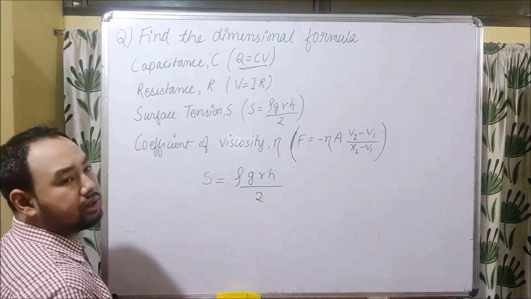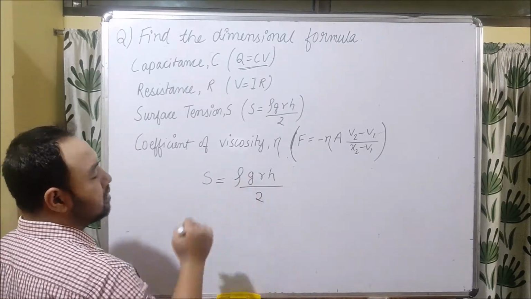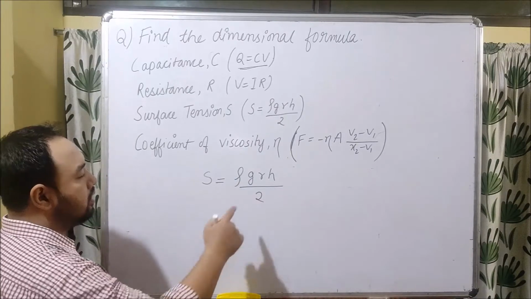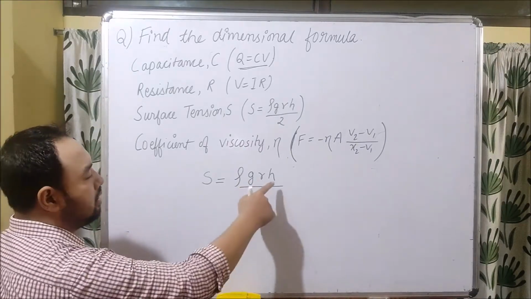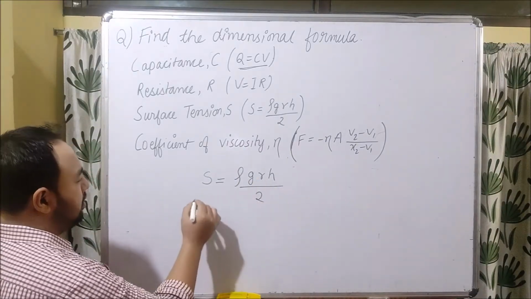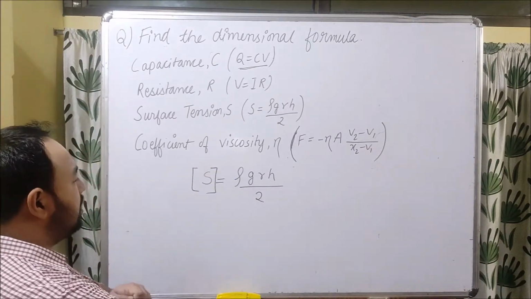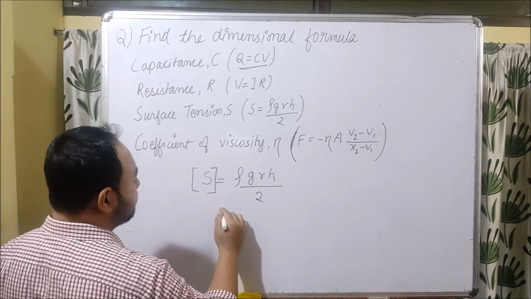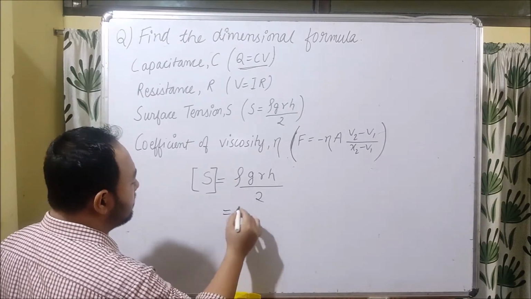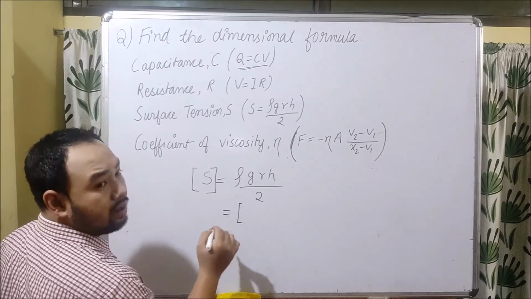Here rho is the density, G is the acceleration due to gravity, R is radius, H is the height. So if we find the dimensional formula, then this density, what is the formula for density?